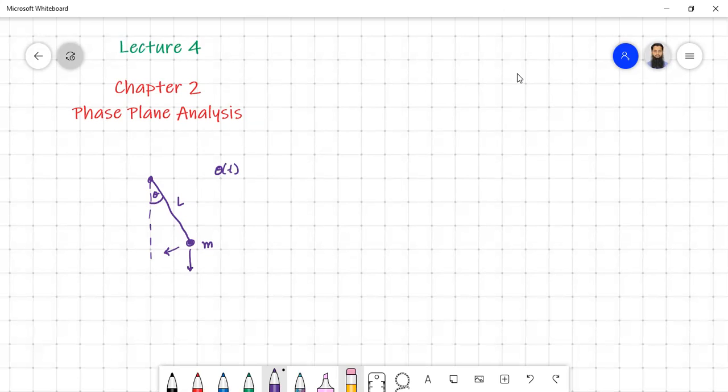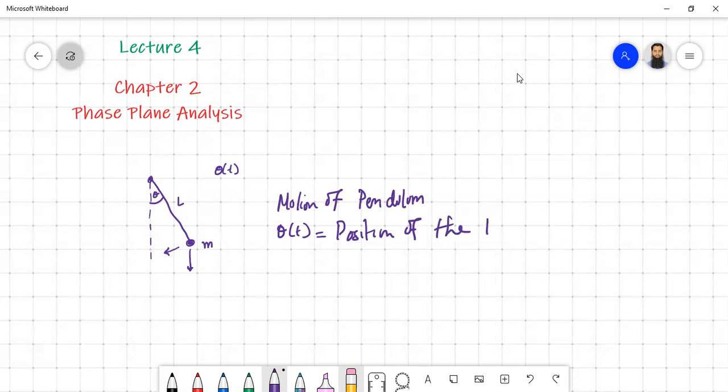Okay, so now, since it is a rotational system, we have to write a rotational equation. So the motion of the pendulum we have to figure out. We assume theta(t) is the position of the pendulum.